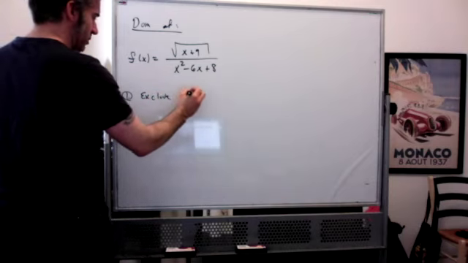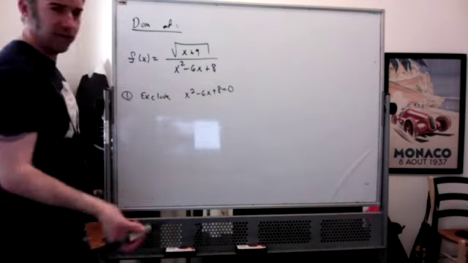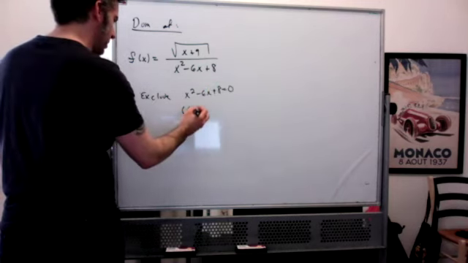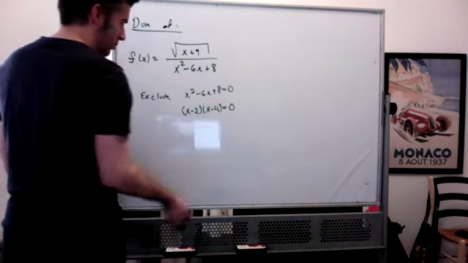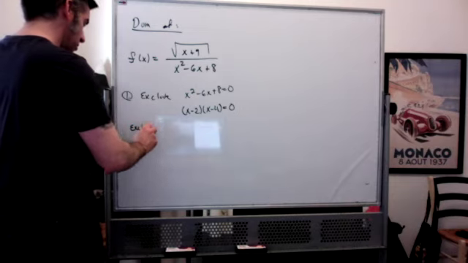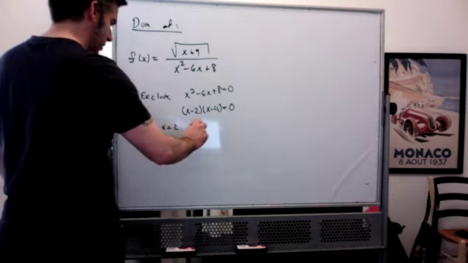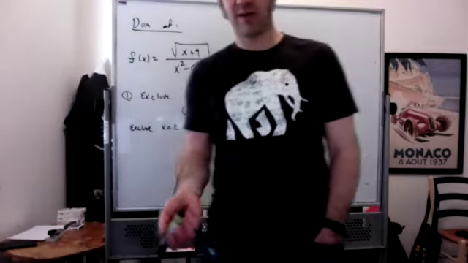So we need to exclude where the denominator is equal to 0. Well, that's going to factor. That factors as x minus 2 times x minus 4 equal to 0. So we want to exclude x equal to 2 and x equal to 4. At this point, I like to start drawing my number line.